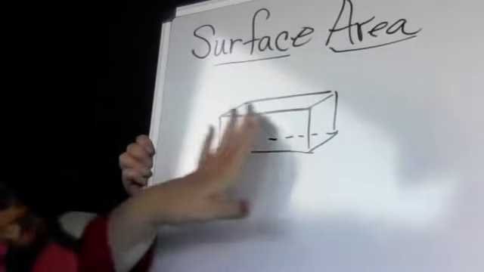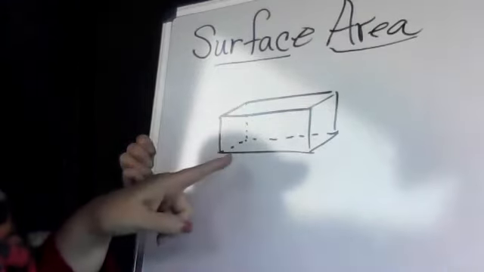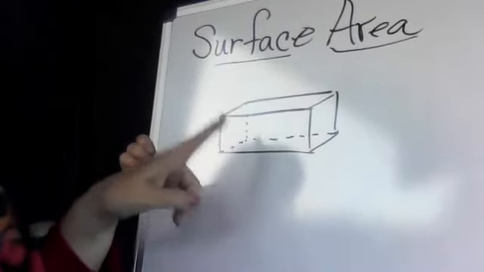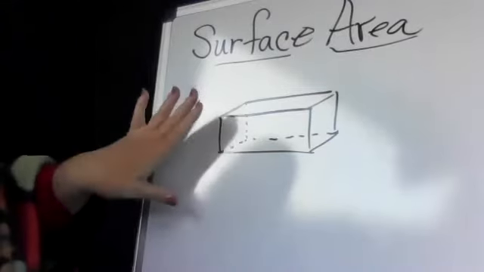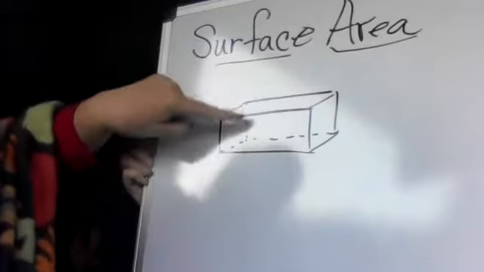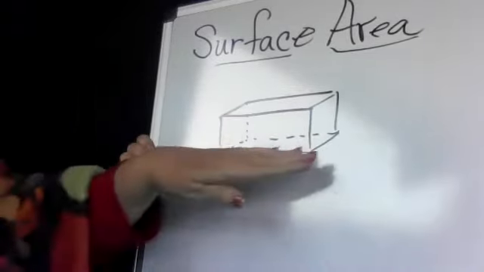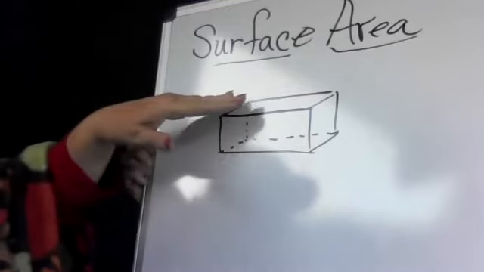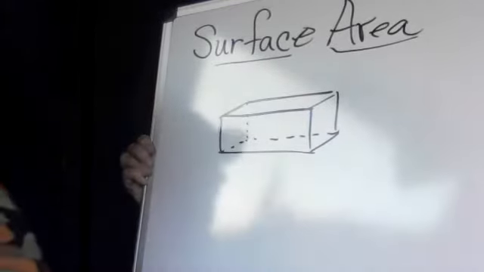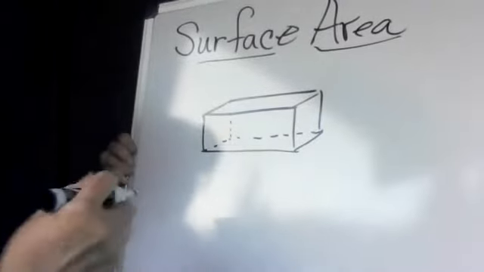But the part that I could paint, just this flat surface, is called the surface area. Now, the surface area of a prism is where we find the area of the front, then the area of the back, the area of the two ends, the area of the bottom, and the area of the top.